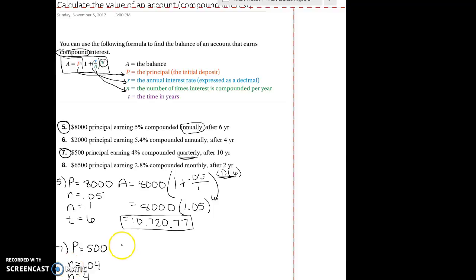So let's set up our equation. A is equal to 500 times 1 plus our interest rate, 0.04, divided by N, which is 4. And then we're going to take it to the NT power. So it's 4 times 10, for my terrible handwriting.